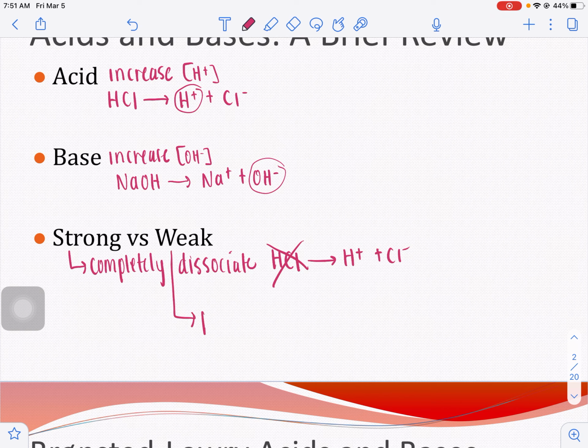Weak, partially ionized. I should say ionized, that was bad of me. Technically, it's ionizing because it's covalent. So weak, partially ionized, and this is where all the equilibrium stuff we did last unit is going to come into play.